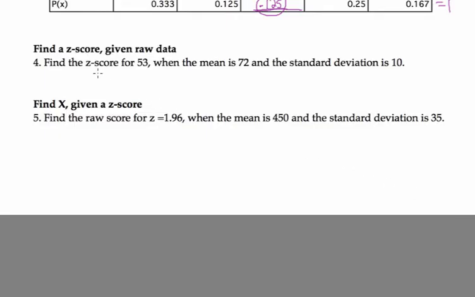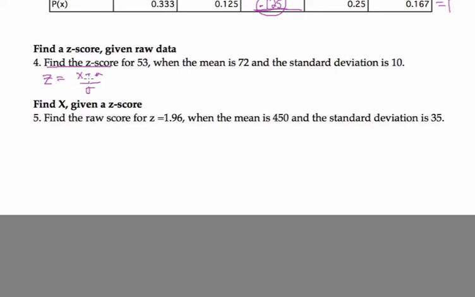These are just formulas. We're finding the z-score. So you go to your formula sheet, and you might find this on your standard normal curve probability table formula sheet as well. But it says find the z-score. So you find the formula that says z equals x minus mu over standard deviation.